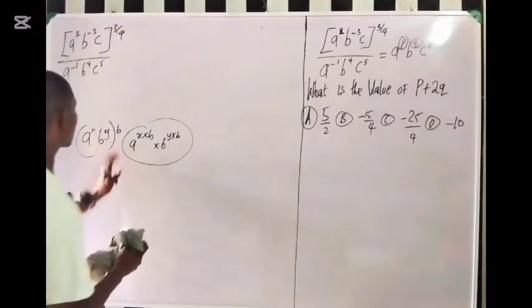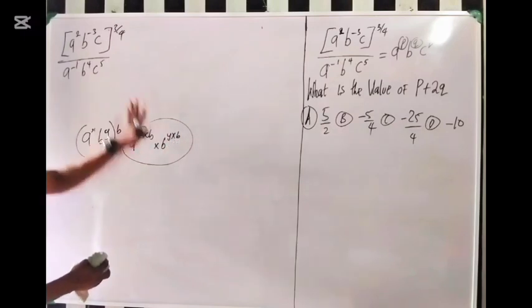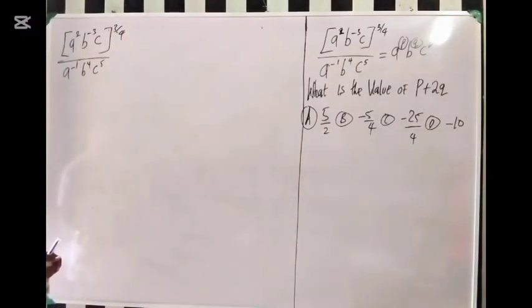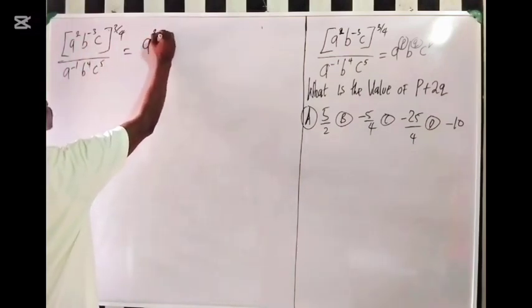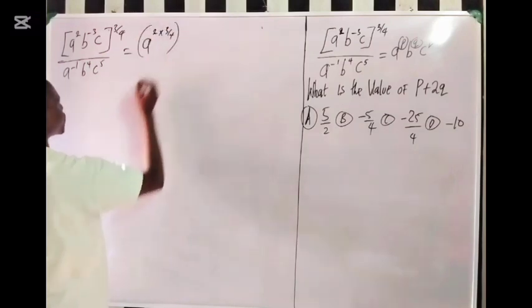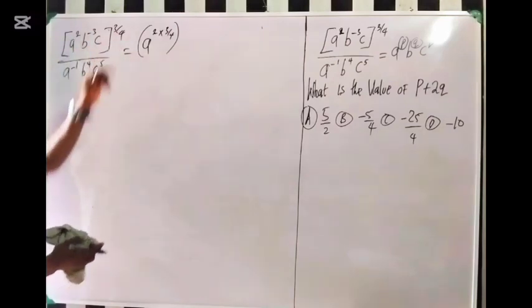So now, since we understand this concept here, let's open our brackets. If you open the brackets, what do you have here? Here we have A raised to 2 times 3 over 4, right? You see that? So put it in bracket here so I can separate it. So it will be 2 times 3 over 4.